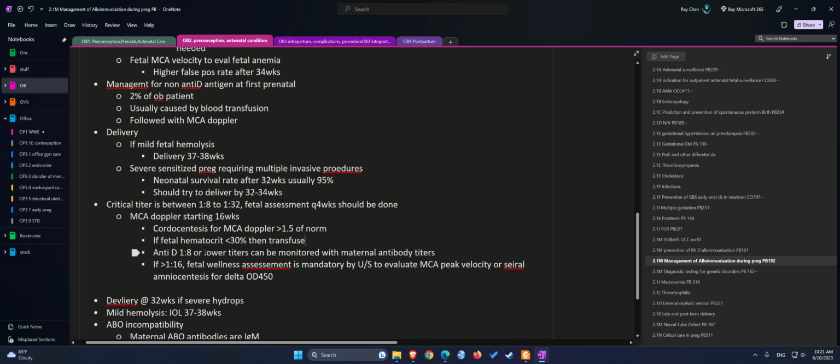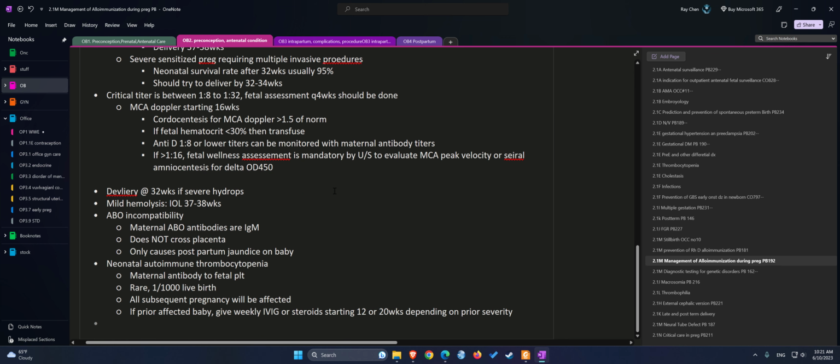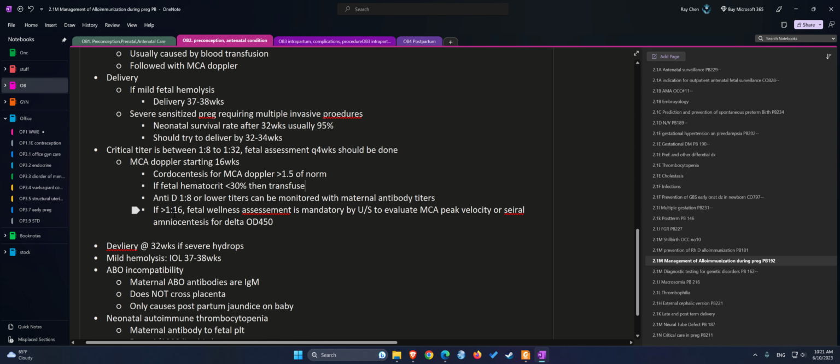Anti-D titers of 1 to 8 or lower can be monitored with maternal antibody titers. If greater than 1 to 16, fetal wellness assessment is mandatory by ultrasound to evaluate the MCA peak velocity or serial amniocentesis for delta OD450. So basically, if it's less than 1 to 8, we can monitor with maternal antibody titers.